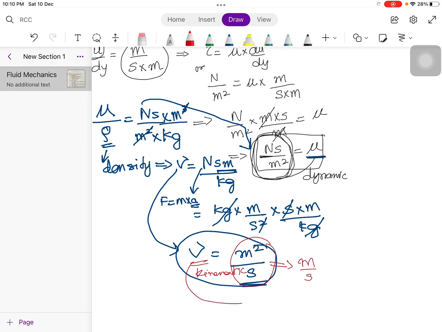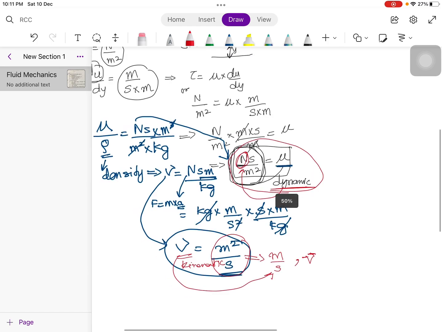Kinematic from the unit which resembles a kinematic quantity, which is velocity, and this viscosity we are going to call as dynamic viscosity because its unit has a dynamic quantity in it, or the quantity which we study in dynamics, which is the force or Newton.